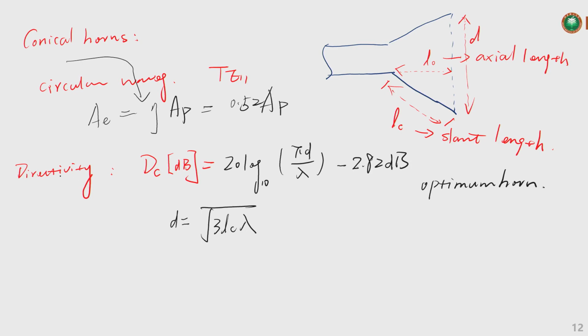So usually for the optimum horn, let's now assume a condition. Based on this equation, if we want to increase the directivity of the horn, what we can do is just increase the actual size of the horn, then we can increase it. But actually, is it correct?